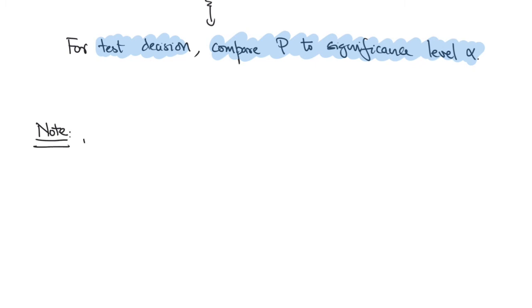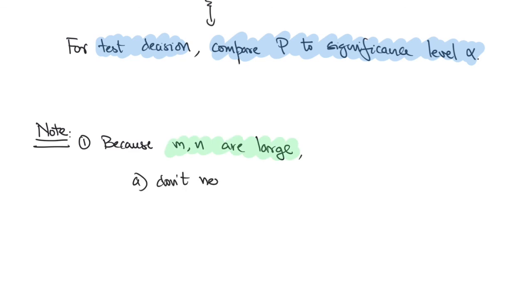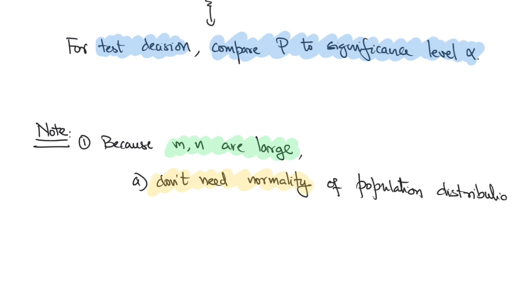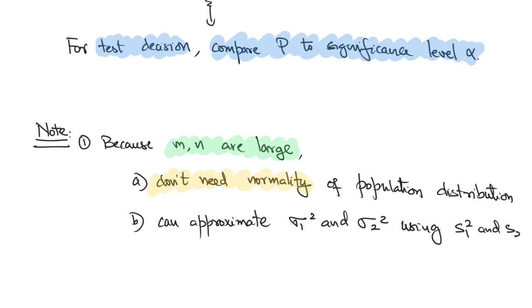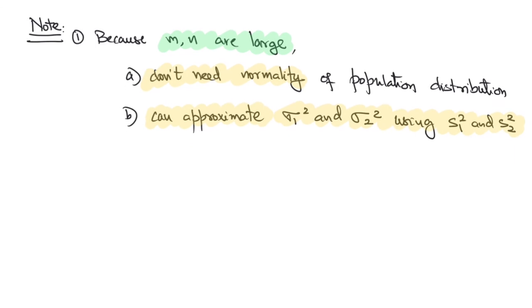We need to note that because m and n are large, we don't need the normality assumption on the population distribution. And also, even if the population variances were not known, we can use the sample variances to approximate them and still get a standard normal distribution for our test statistic.